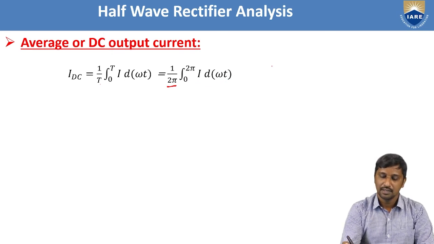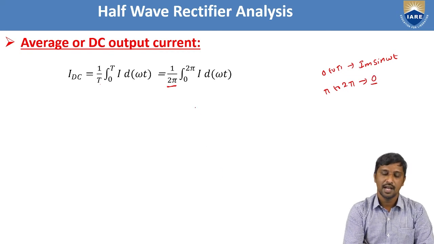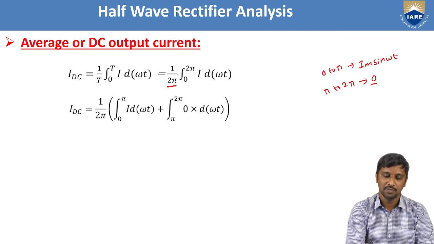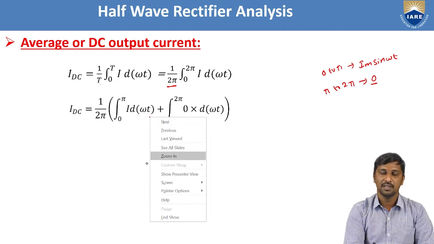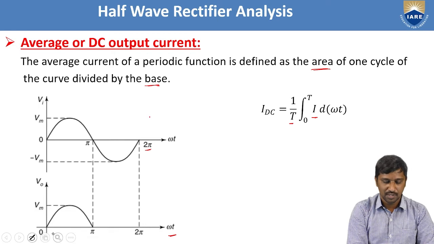During this cycle, from 0 to pi the output current is Im sin omega t, but from pi to 2 pi the current is 0. Hence IDC is equal to 1 by 2 pi times the integral from 0 to pi of I into d omega t. If you observe this response, there are two responses here, 0 to pi.